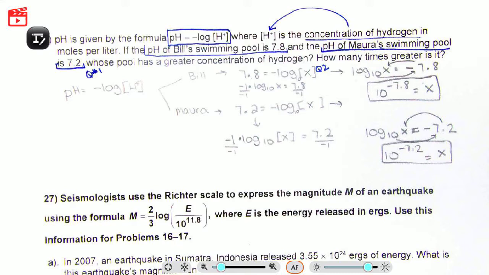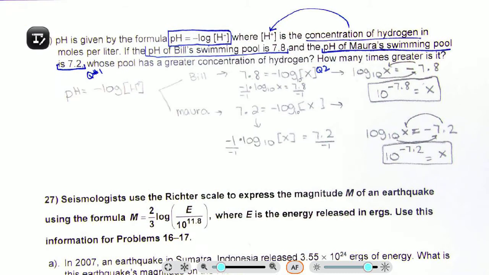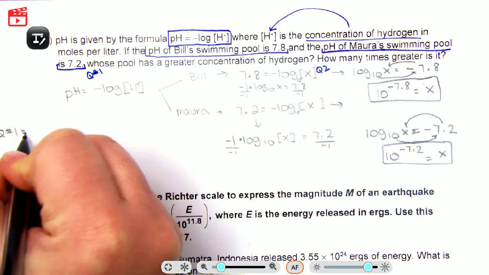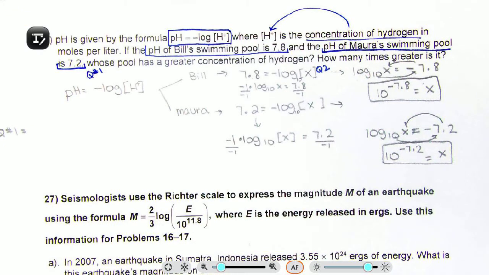But it's asking how many times greater is it? So question number 1 says, whose pool has a greater concentration? I guess we do need to see what Mara's concentration is.